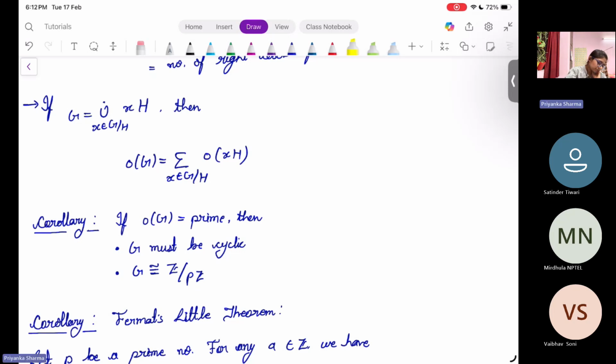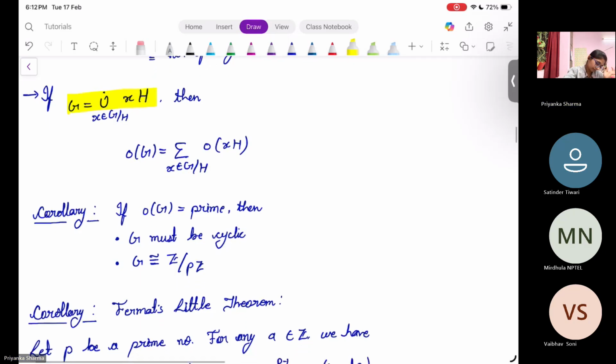Again, if G is the disjoint union of left cosets of H in G with respect to the element X, then order of G will be calculated by this.